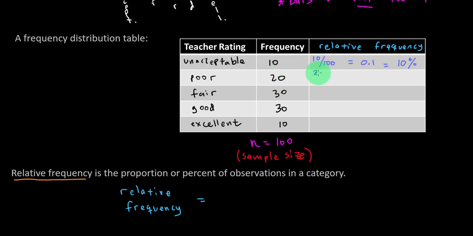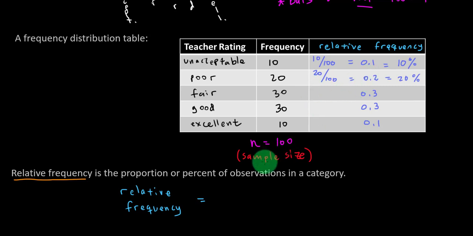Because that is 20 out of 100, or 0.2, or 20%. And the trend continues. For the fair category, we've got 0.3, 0.3 again for good, and excellent, 0.1. Awesome.